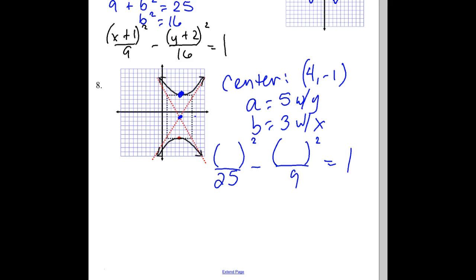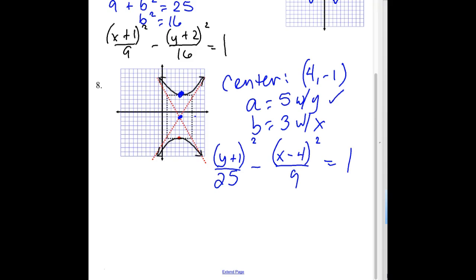We said A was paired with Y. Okay, so we're going to have a Y, then an X. We need our Y coordinate of our center point. So Y minus the -1, Y plus 1, and X minus 4. We good with that? Okay.